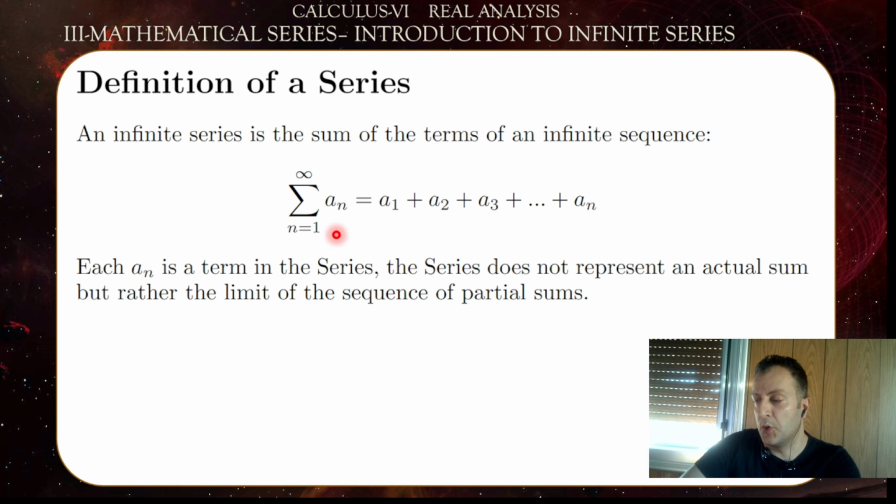As an example, sigma n equal 1 to infinity of an is equal to a1 plus a2 plus a3 plus, etc., all the way to an. Each an is one term in the series. The series does not represent an actual sum, but rather the limit of the sequence of partial sums.